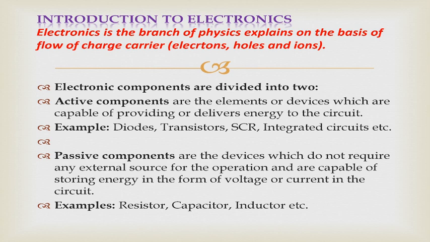Active components are those which provide energy to the circuit, such as diodes, transistors, SCR, integrated circuits, etc. Whereas passive components are those which do not require any external source for operation and store energy in the form of voltage or current in the circuit. And we all know about these components. These are resistors, capacitors, inductors, etc.